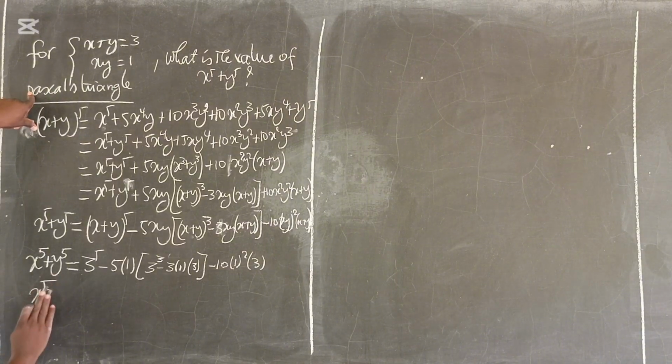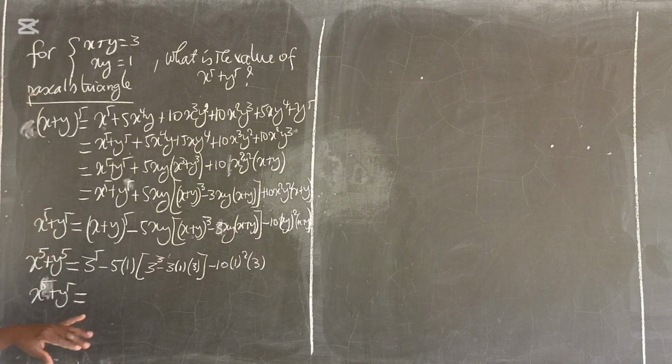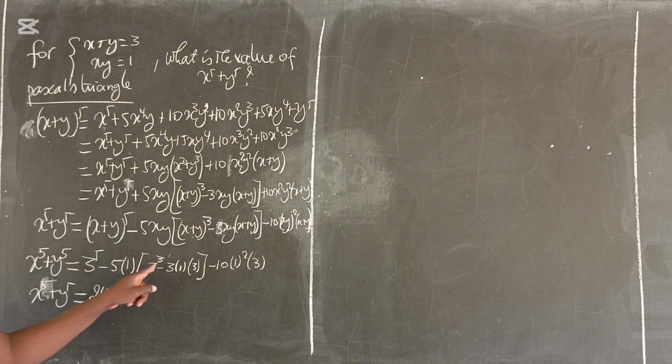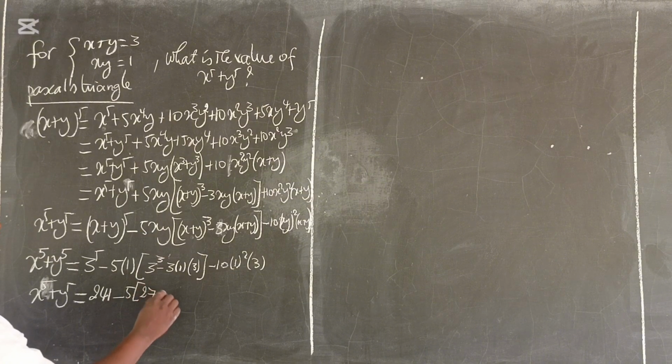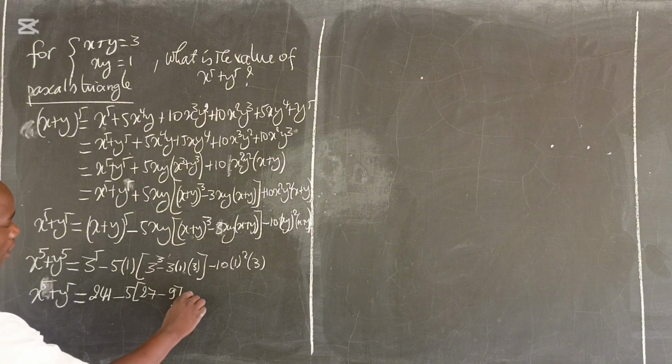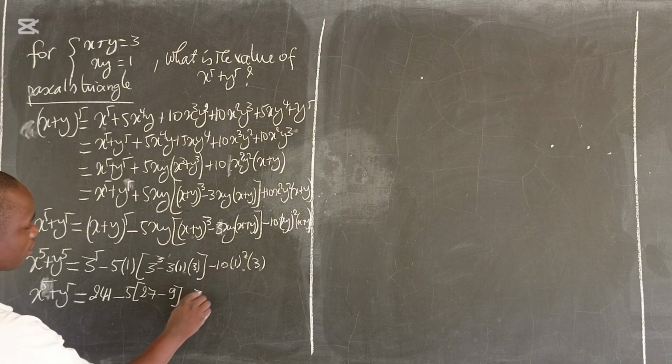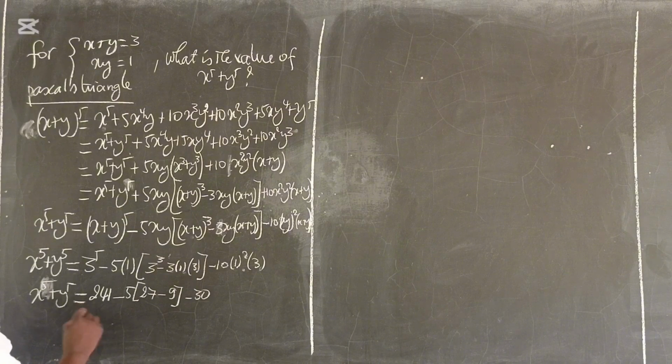Here x power 5 plus y power 5 is equal to 3 power 5 is 243 minus 5 into 3 power 3 is 27 minus this times this times this is 9, minus 1 power 2 is 1, 3 times 10, this is negative 30.